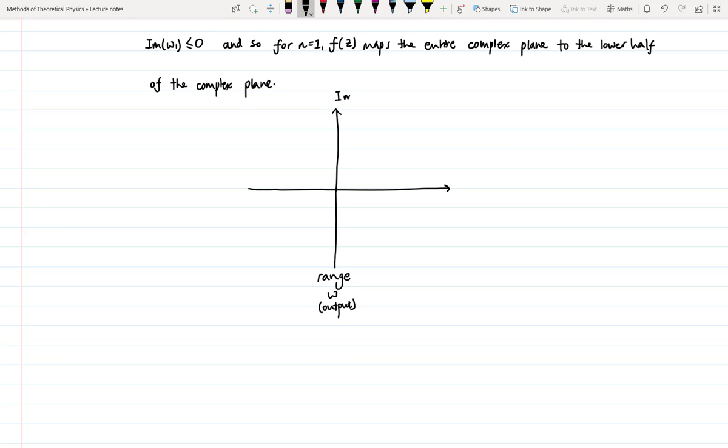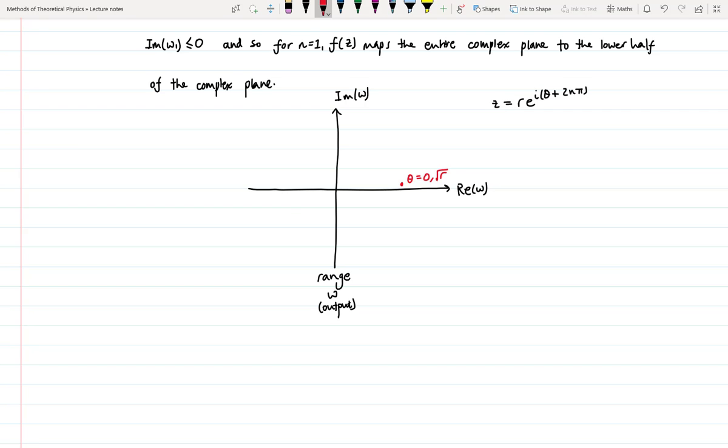This is the imaginary part, this is the real part, and I'm going to note over here that the input to our function z is r e to the I theta plus 2 n pi, for convenience to refer to in a moment. Let's imagine starting with the angle theta equals 0, and therefore the modulus of the complex number w is going to be given by the square root of r.